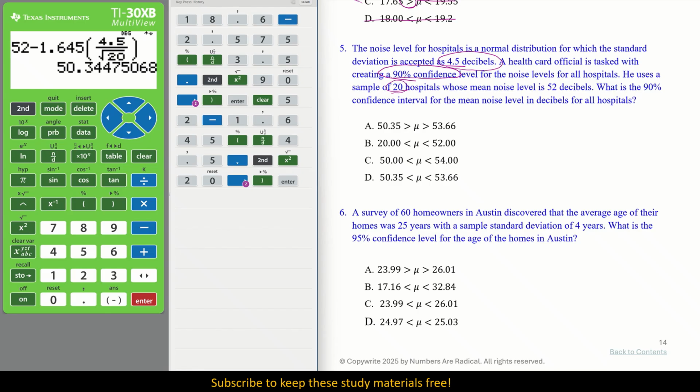Okay, now that would be our smallest number, and that is 50.34. Well, it looks like it's been rounded up a bit more. So I'm going to say A and B are pretty good. But I know for a fact that B and C will not work. So now we have to check, which we didn't do in the prior question. And you could check that if you want.